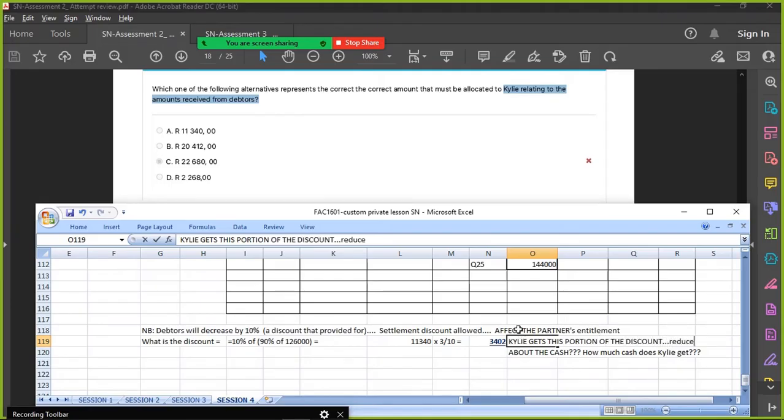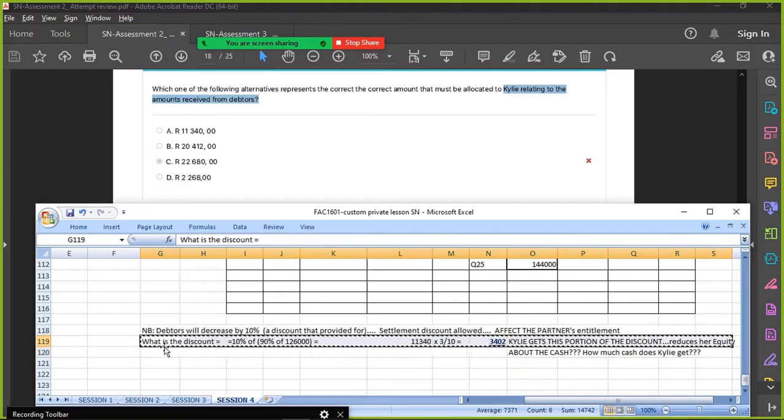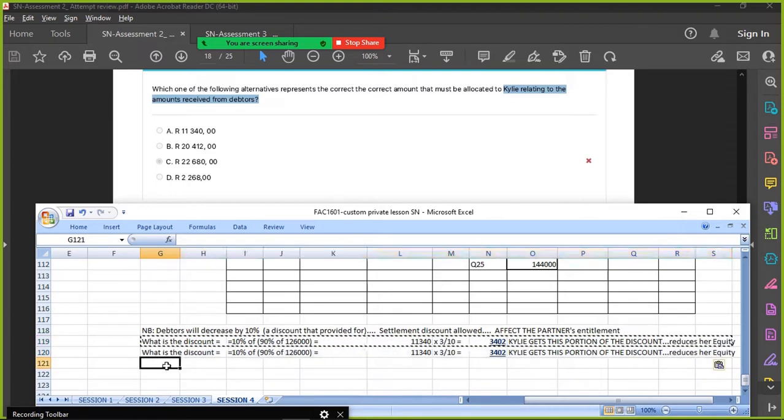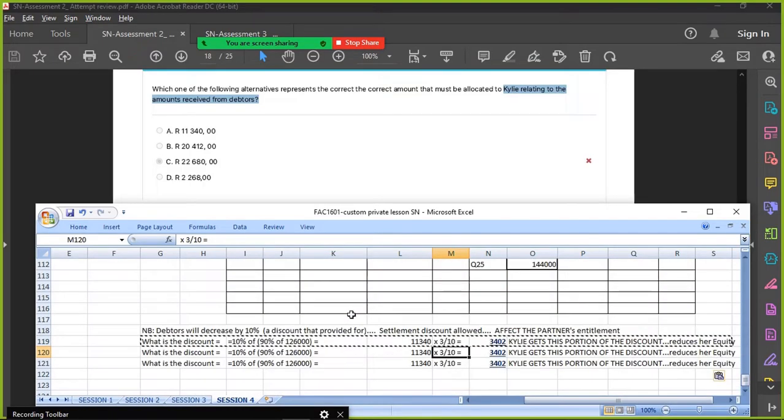That reduces her equity. Makes sense? Okay, let's do all of them. If I just copy paste this. What is the other one? Chris got 5 over 10 and Kim gets 2 over 10.